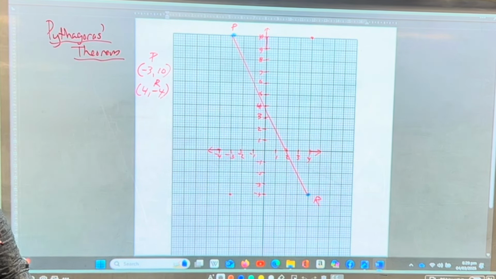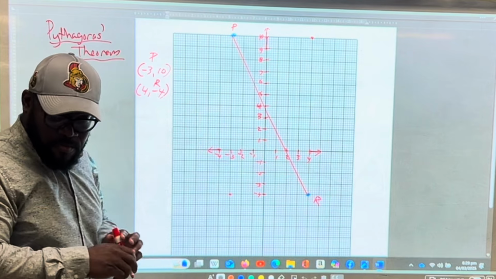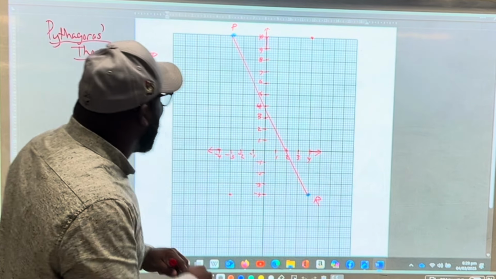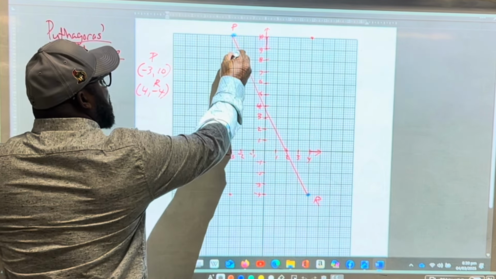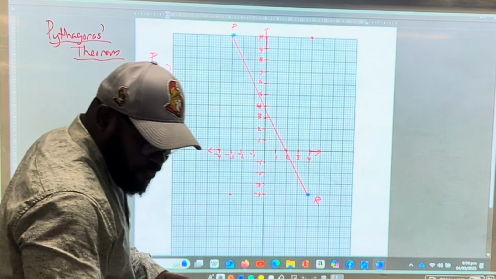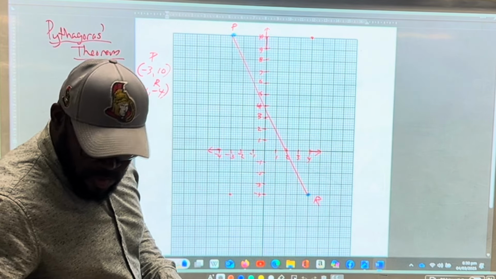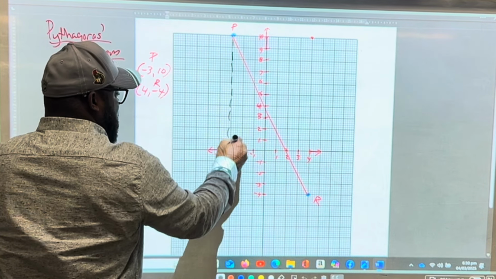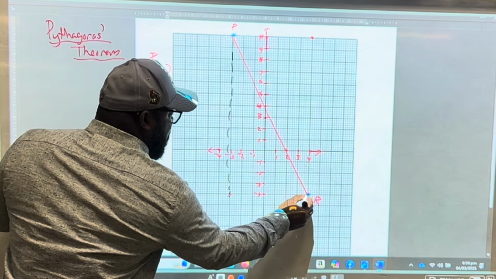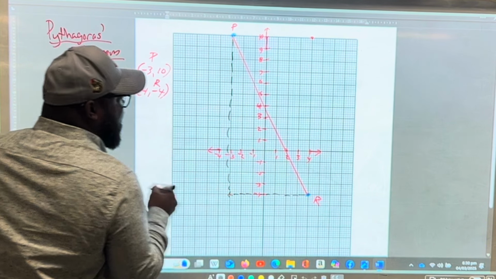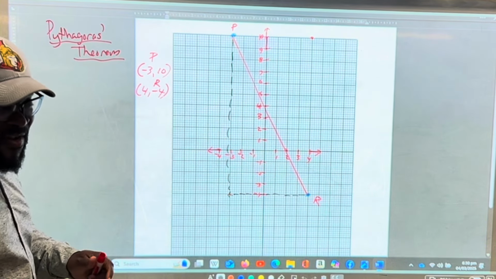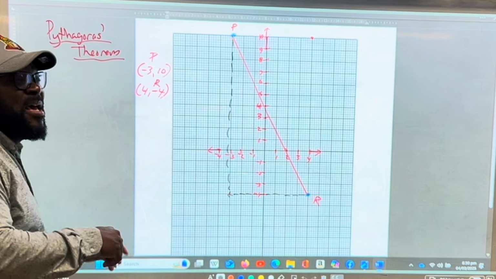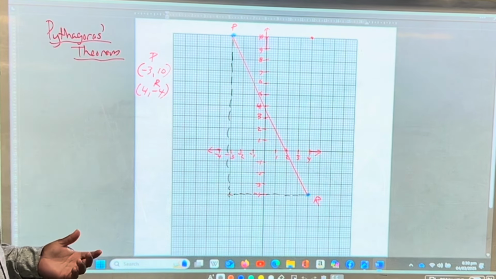If you know the length of one side, and the length of another side, you can find the length of the third side. Everybody agree?